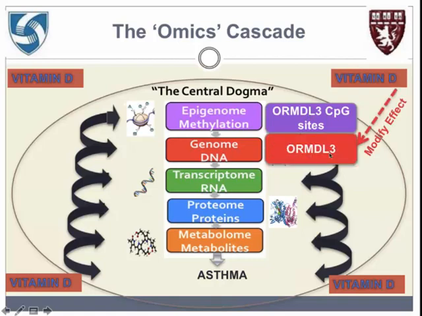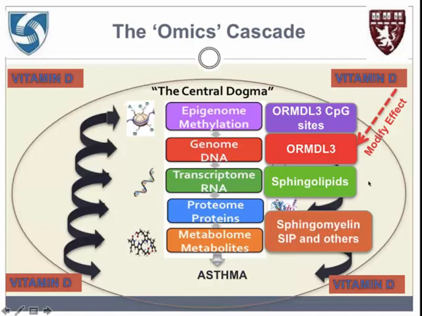When we looked at VDAART, we saw that vitamin D modifies the effect of ORMDL3 on asthma development. When we look at the transcriptome, we really see sphingolipids implicated in asthma. And when we look at the metabolome, we see sphingomyelin, S1P, among all the others I showed you in the previous slides.